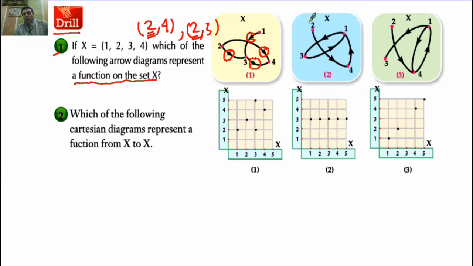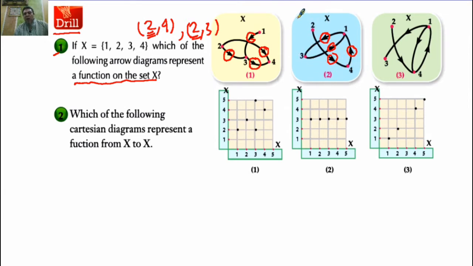Relation number 2: 1 and 3, 2 and 4, 3 and 1, 4 and 1. We notice that each element in x appears one time.